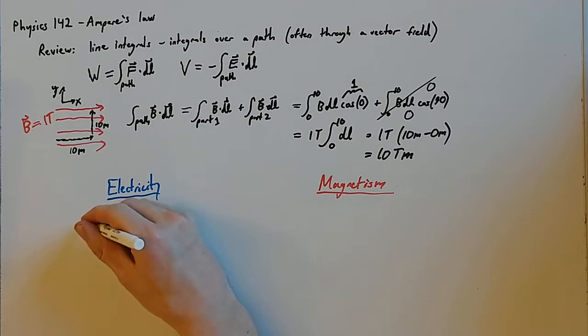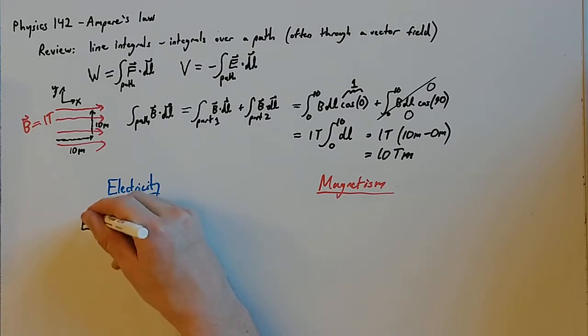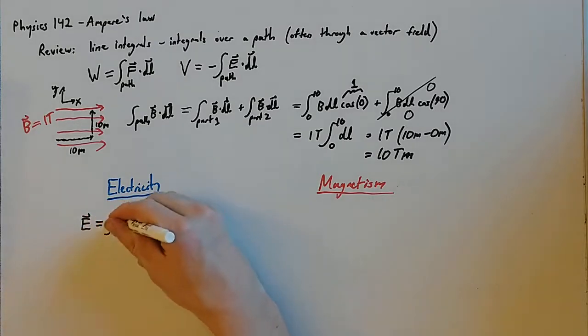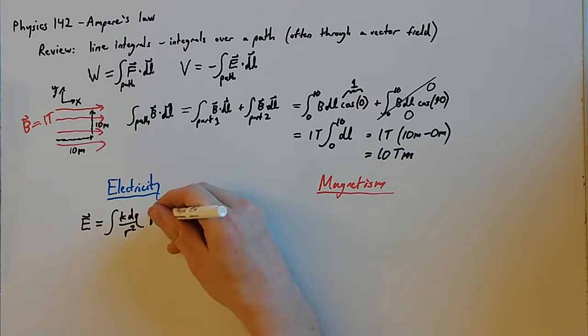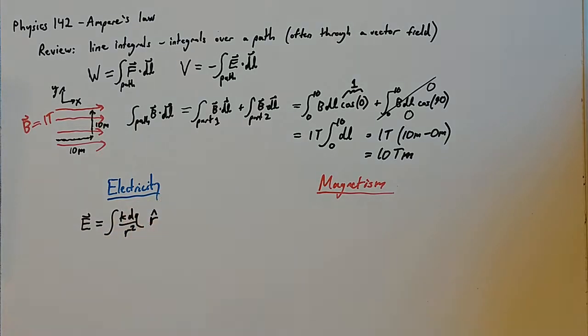We wrote down that E is the integral of k dq over r squared, and that ends up being in the radial direction, the r hat direction. Basically what this says is for every little piece of charge dq, we create electric field. So charges here are the sources of electric fields.